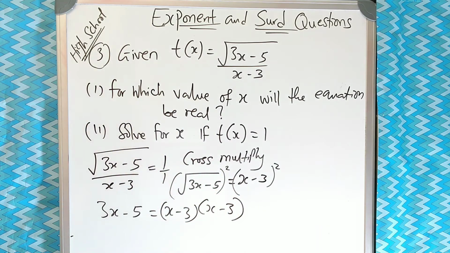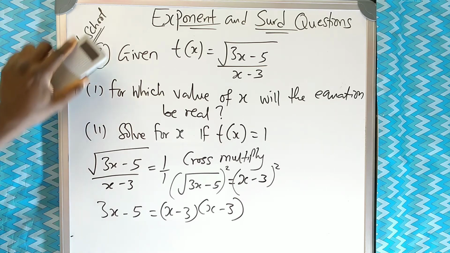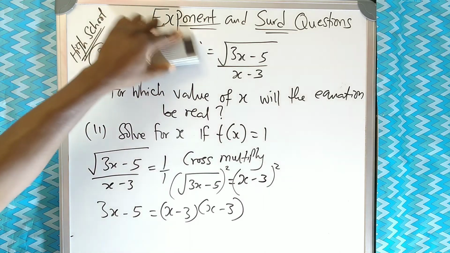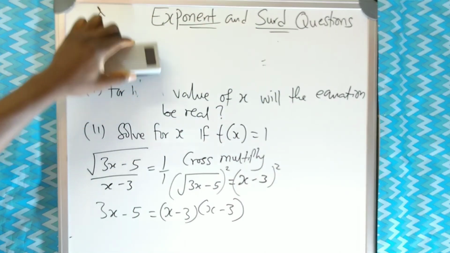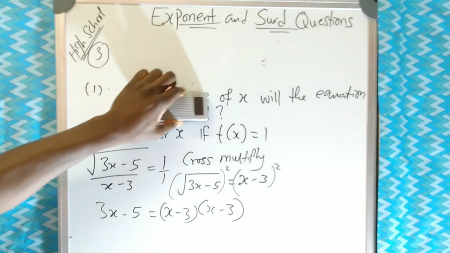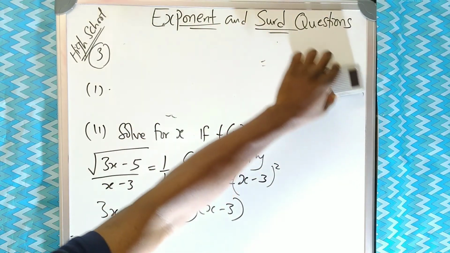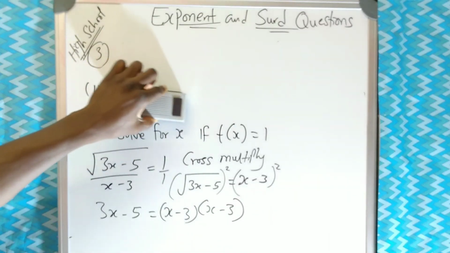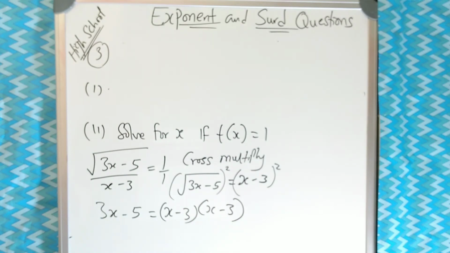If you expand this bracket, definitely we're going to have something like a quadratic equation. I believe the learners can do that. It is not difficult. And when we expand that, what are we going to have?